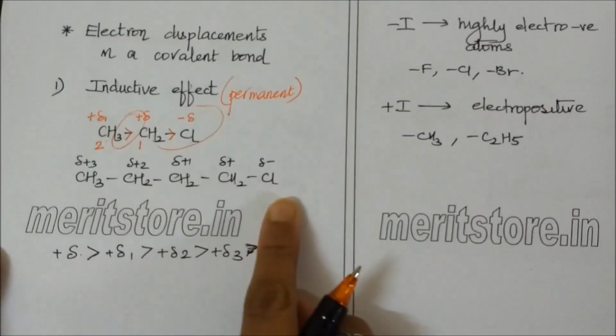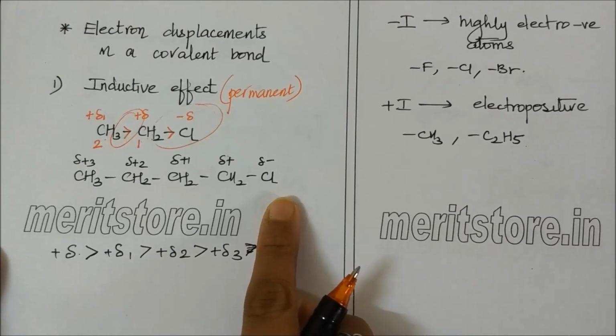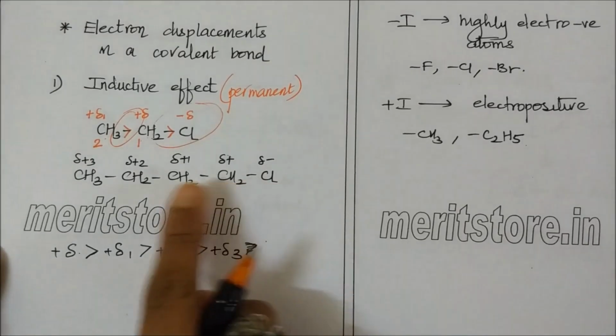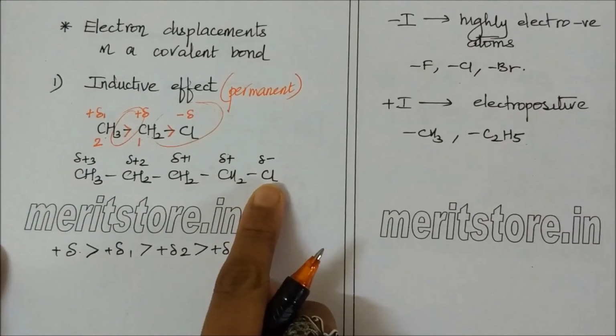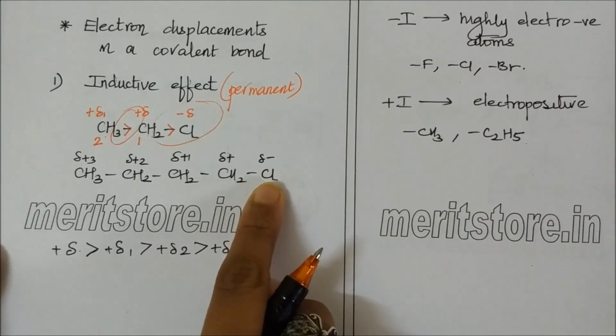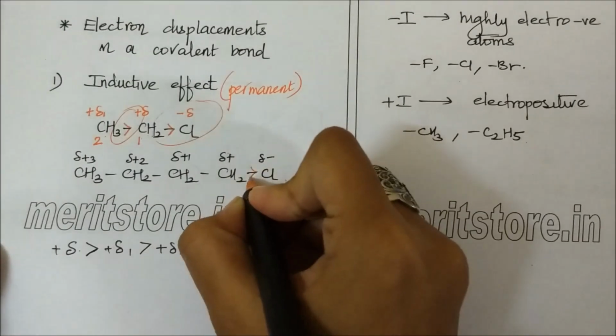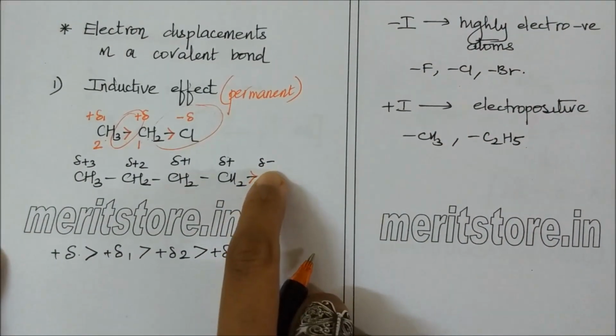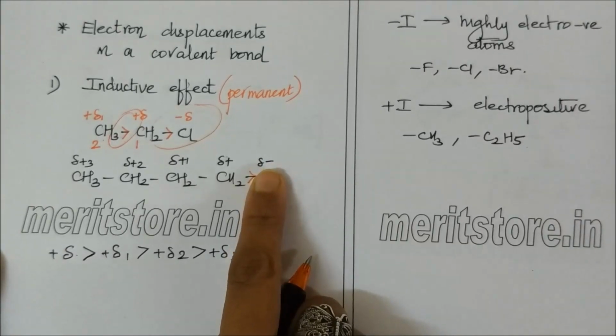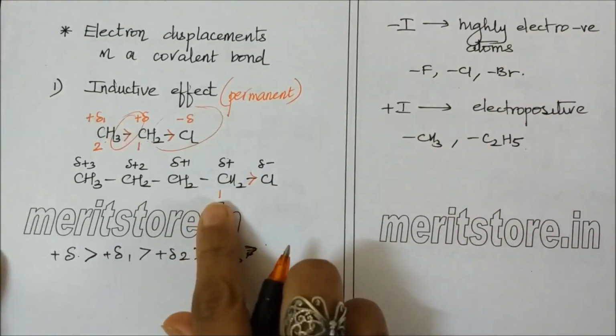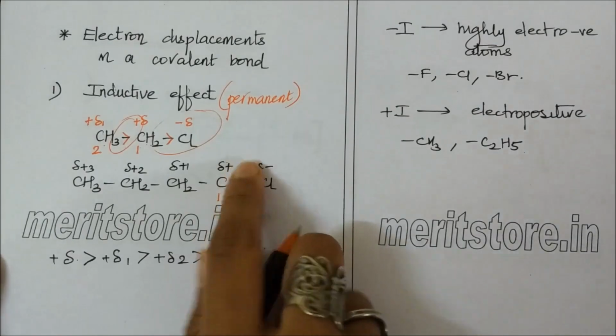I have another example. Butyl chloride, in which due to the electronegativity of chlorine, it pulls electrons towards itself. It develops a partial negative charge, as well as carbon 1 develops a partial positive charge.